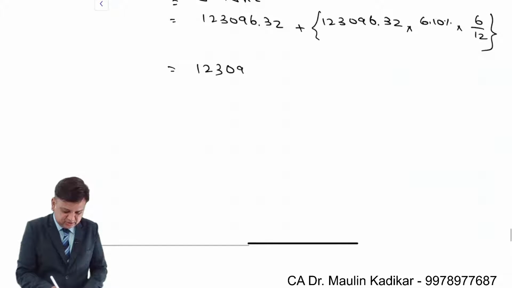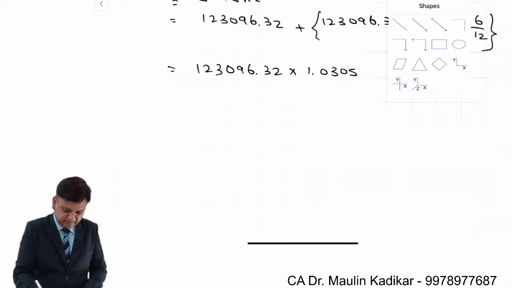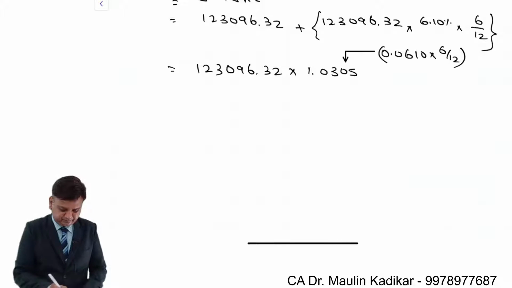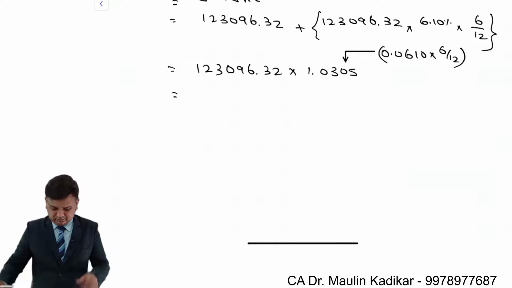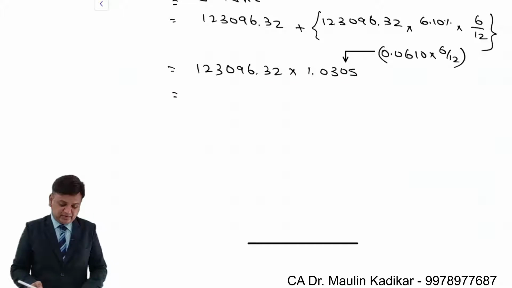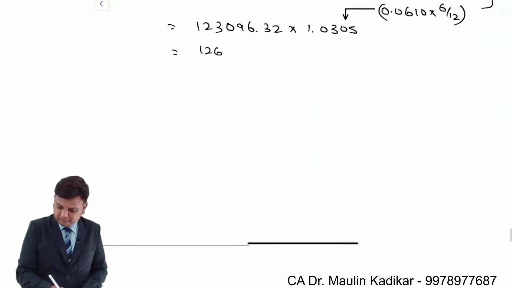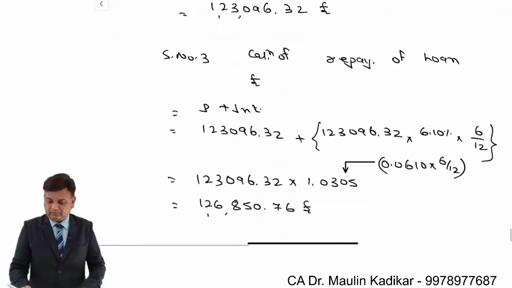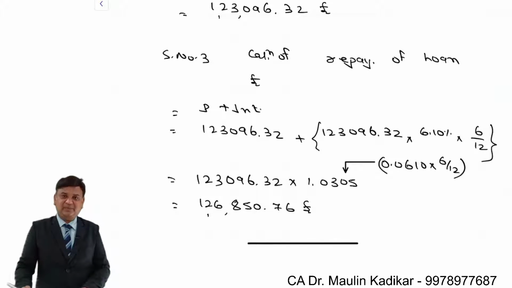So 1,23,096.32 into 1.0305, that is 1 plus 0.061 into 6 divided by 12. So 1,26,850.76 pound. This is the amount of the pound for the repayment of loan.